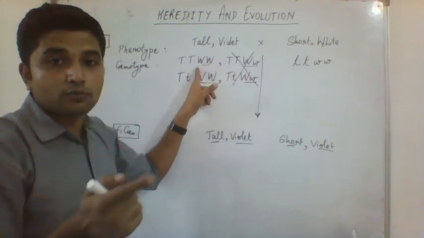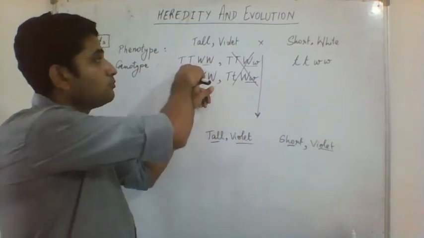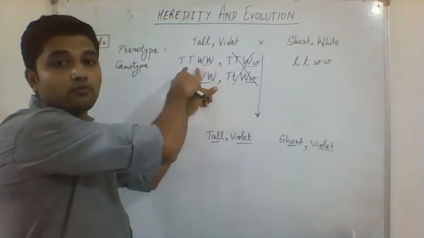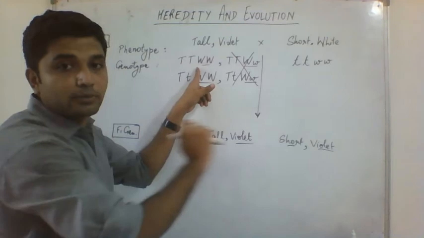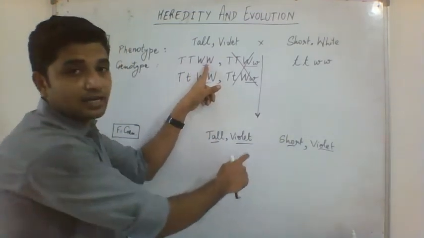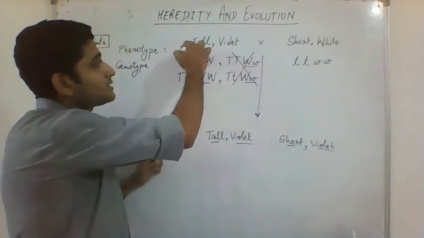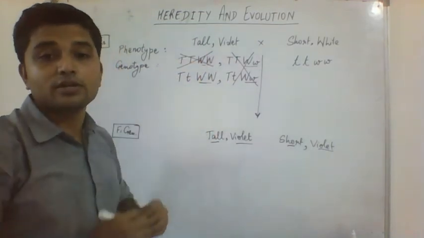If this genotype was possible, all my plants would be tall and violet, because both the characters are in pure form. Capital T means all the plants will be tall. Capital W means all the plants will be violet. Since all the plants are violet, we are saying it is capital W, but all the plants are not tall. That means even this genotype is not possible.